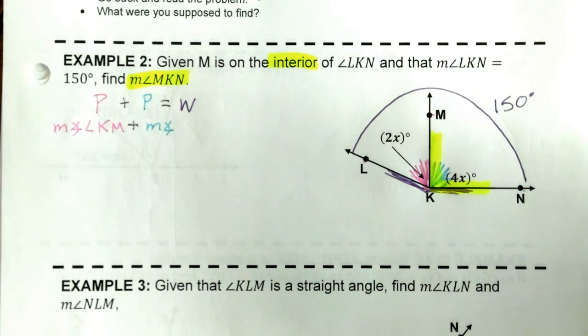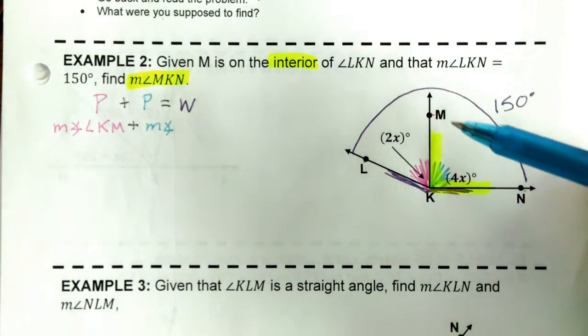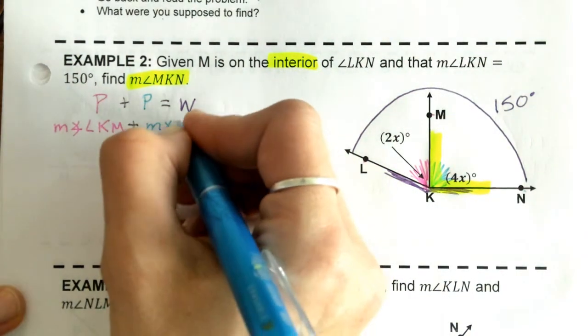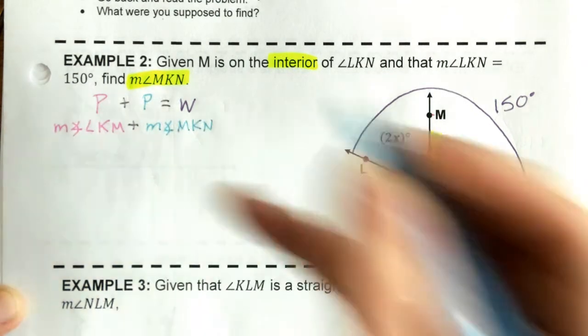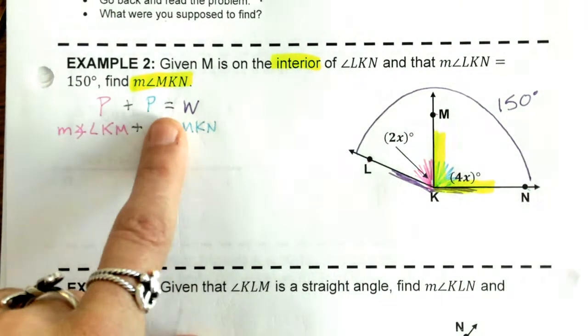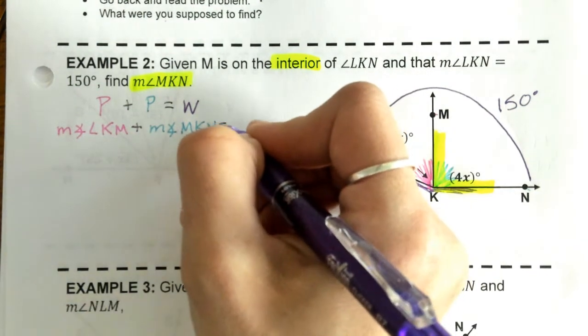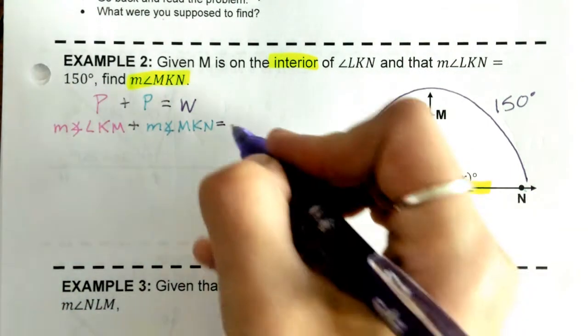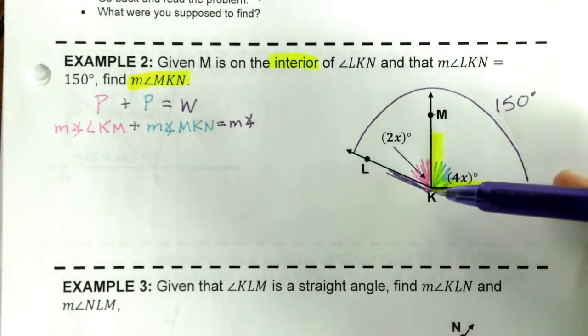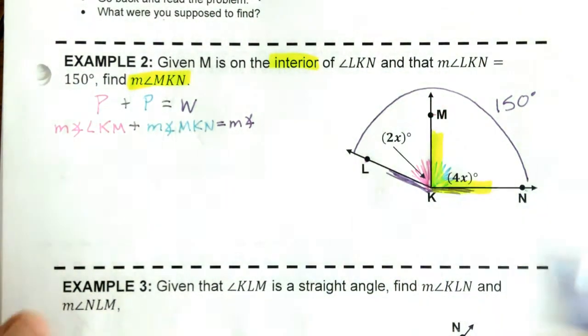I hate it when they have an M and an N. It's like M as in Mary, KN as in Nancy. So we got our part plus our part. Now we're going to equal it to the whole, which is the measurement of angle LKN as in Nancy, right?